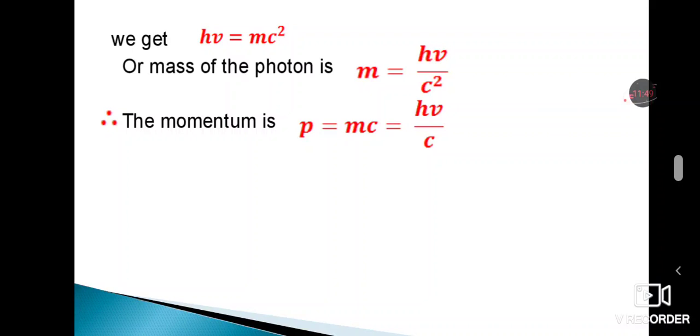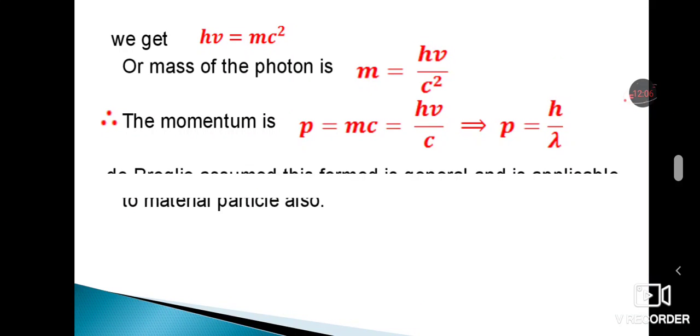Therefore we can write, m is already known, it is h nu by c square into c. Therefore we are getting h nu by c, or that implies we can write p is equal to h by lambda. Nu by c is nothing but our 1 by lambda term.